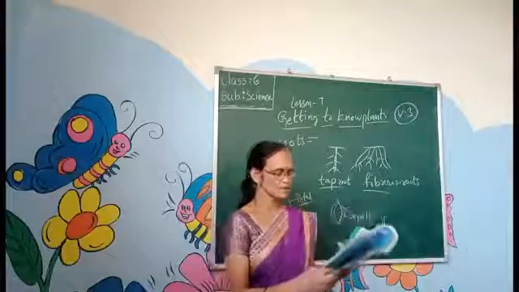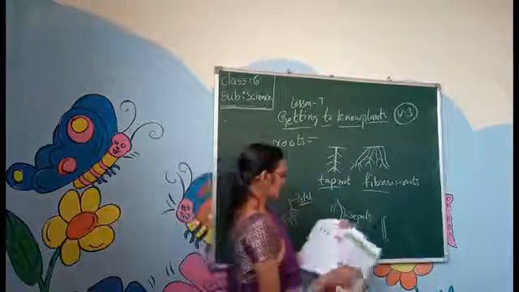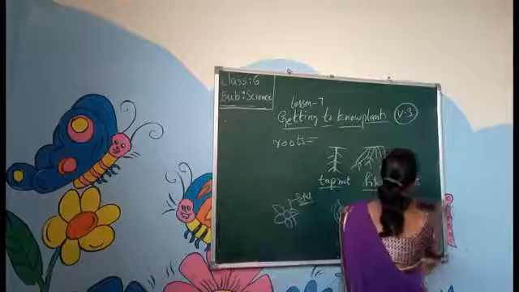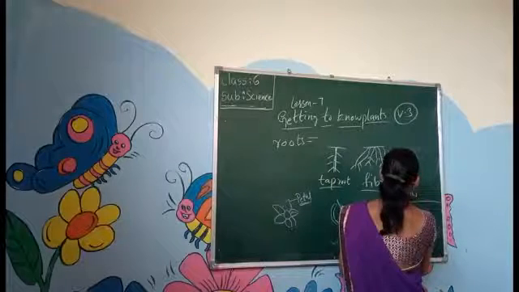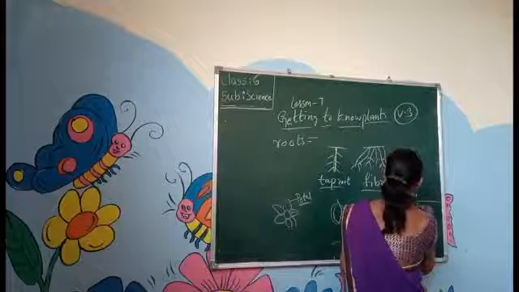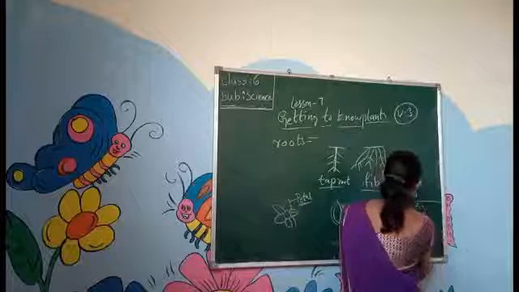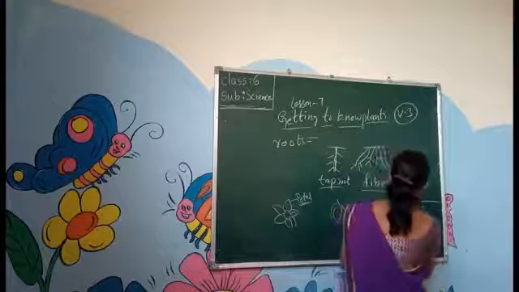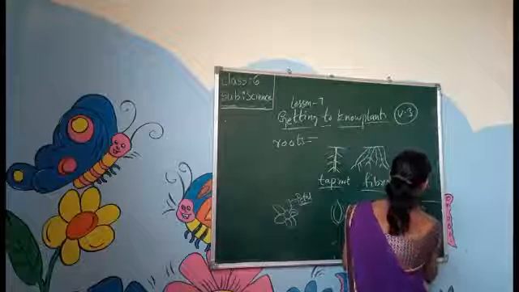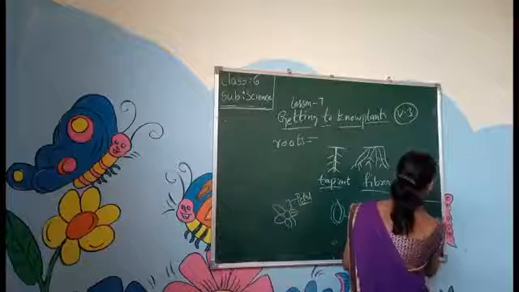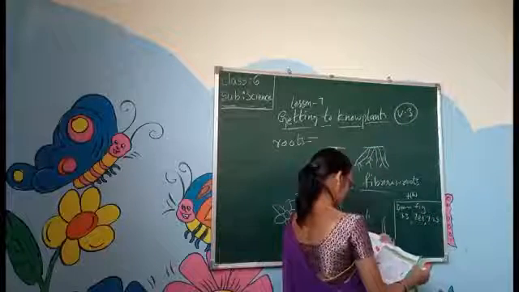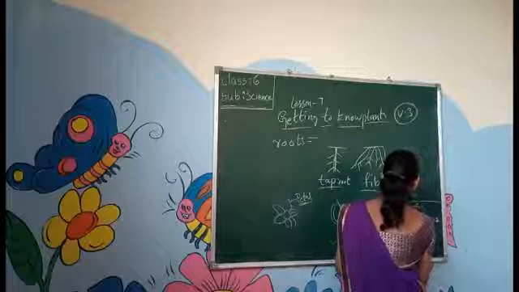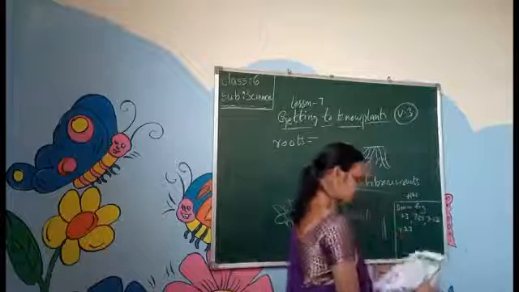Yes, activity numbers. So this is your homework, children. Okay, you do this. Here in homework, draw figures 7.21, 7.22, 7.23 and 7.24.